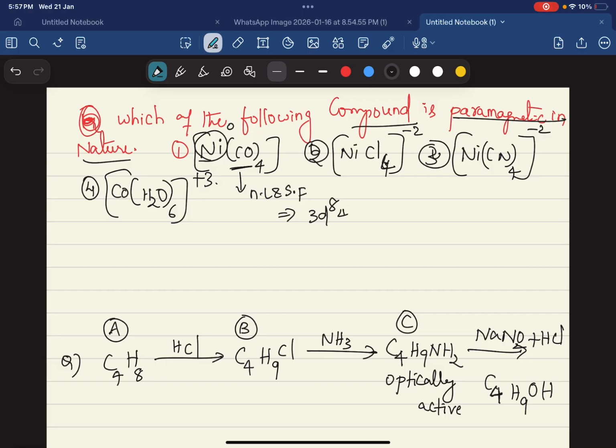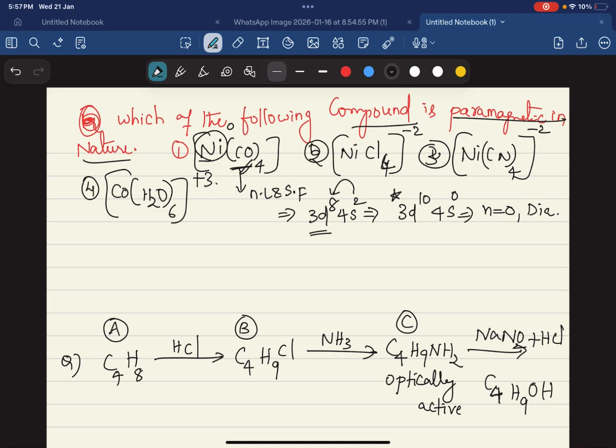The resultant configuration is argon 3d8 4s2, because the oxidation state of nickel is 0. We'll see how the filling happens. Since CO is a strong field ligand, even this 4s electron will shift to 3d. So 3d10 4s0. That's why there are 0 unpaired electrons. So it is diamagnetic.